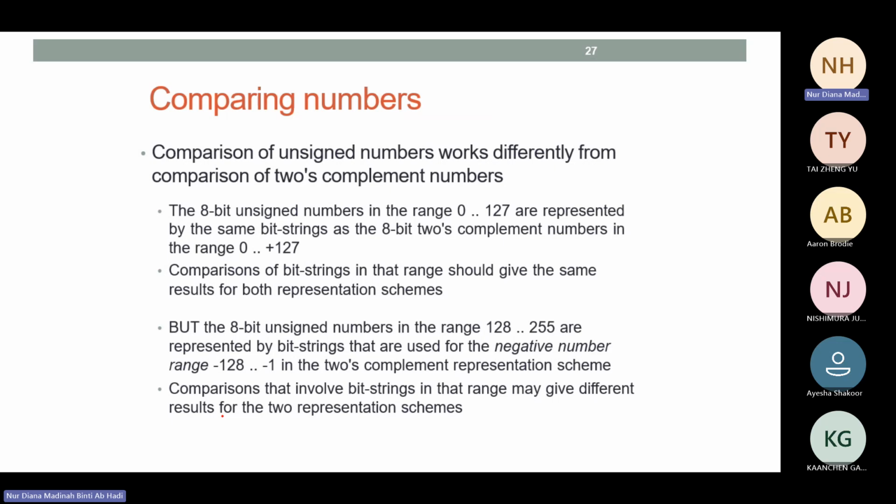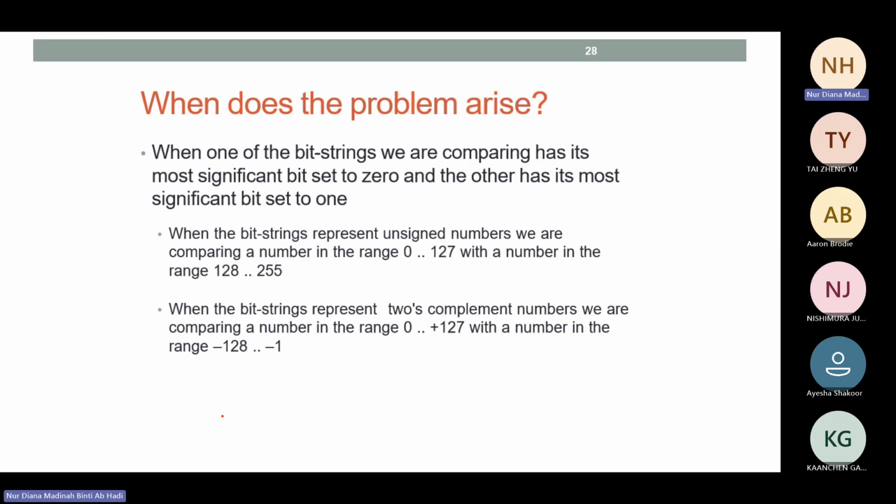But the 8-bit unsigned numbers in the range of 128 to 255 are represented by bit strings that are used for negative numbers in the range of negative 128 to negative 1 in the two's complement representation. Comparisons that involve bit strings in that range may give different results for the two representation schemes.